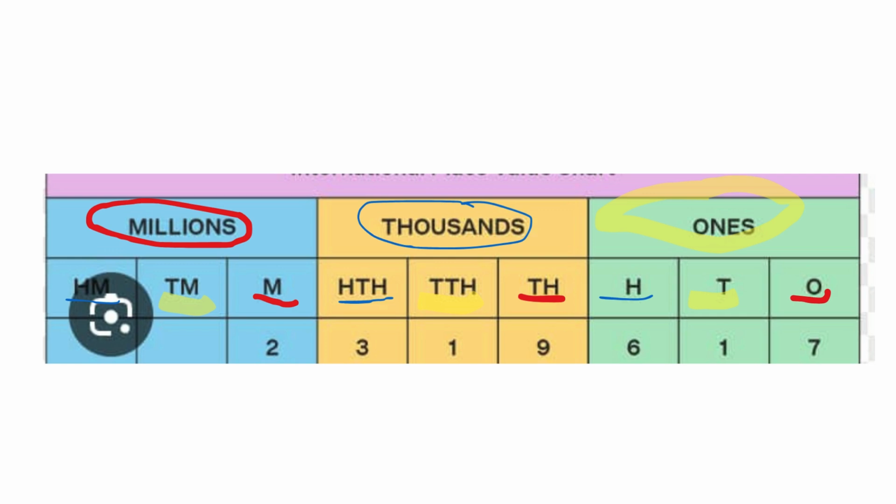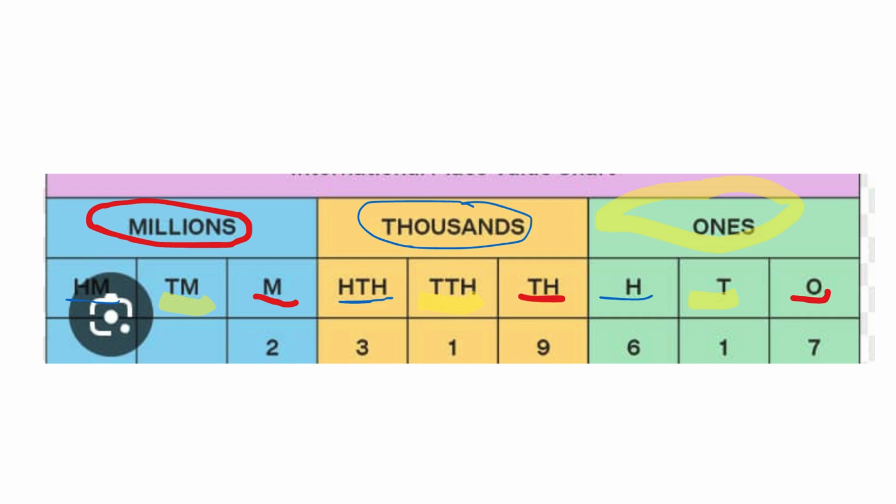Now, in those big parts, we also have 3 small parts in each. In ones, we have 3 parts. In thousands, we also have 3 parts. In millions, we also have 3 parts. Let us call ones, those I circled in red: ones in ones, ones in thousands, ones in millions.